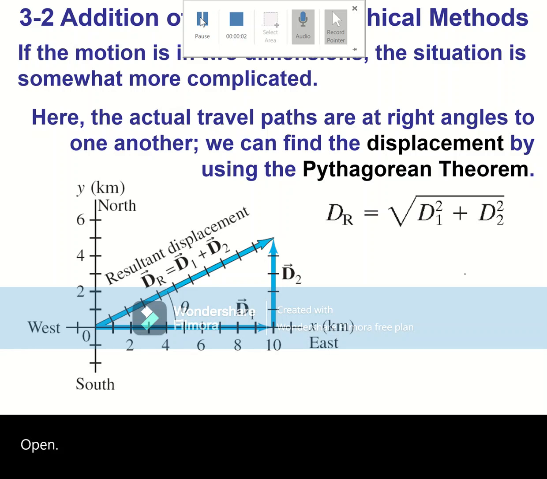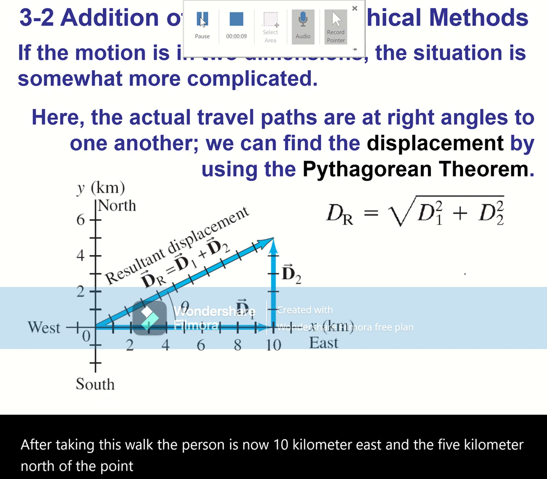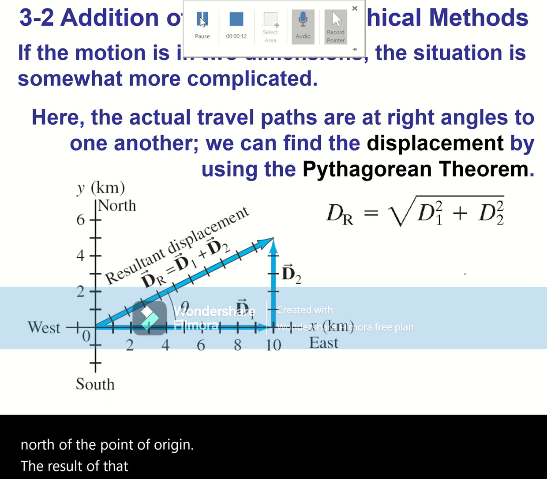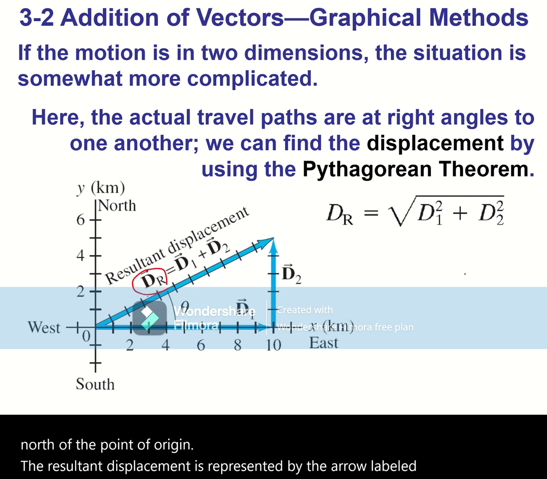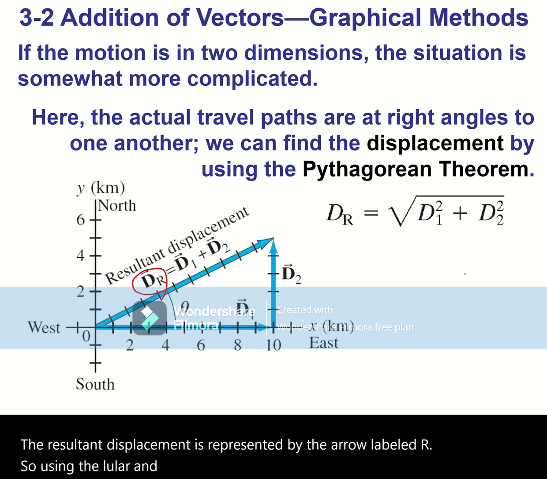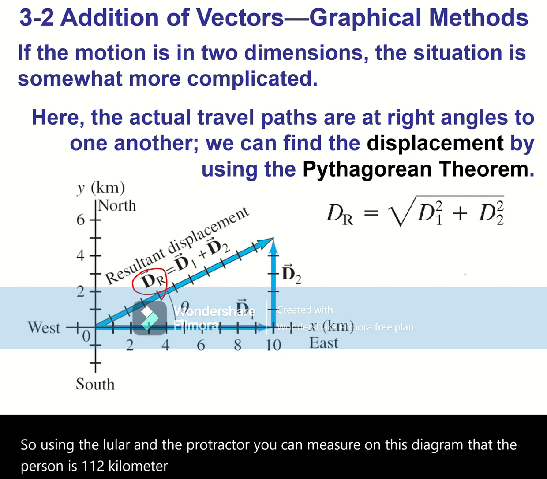After taking this walk, the person is now 10 km east and 5 km north of the point of origin. The resultant displacement is represented by the arrow labeled dr. So using the ruler and the protractor, you can measure on this diagram that the person is 11.2 km from the origin at an angle theta equals 27 degrees north of the east.